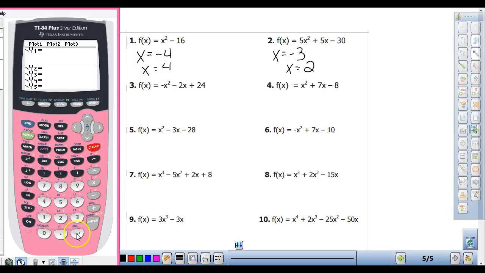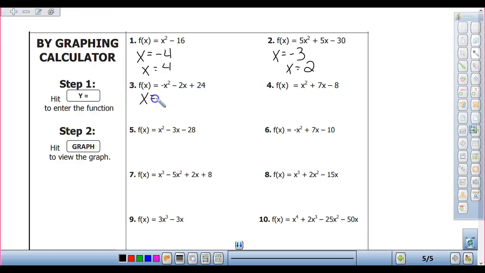So you've got negative x squared minus 2x plus 24. And we hit graph. And where does it cross? -6, +4, yep. So x equals -6, x equals 4.